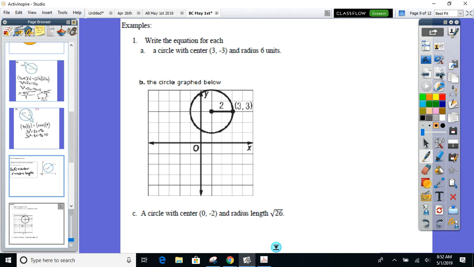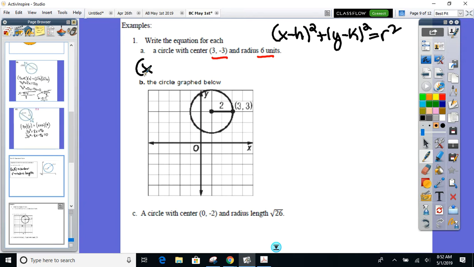Write the equation. I've got a center at (3, -3) and a radius of 6. Let me rewrite the circle equation up on my paper here. h and k are the center. We know the center is (3, -3). What's the x coordinate of the center? 3, so that's my h value.